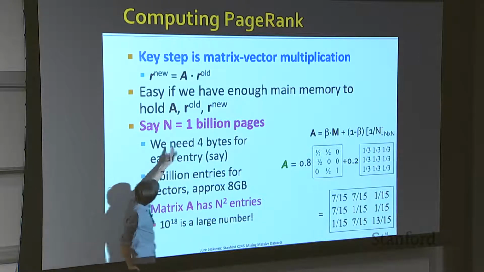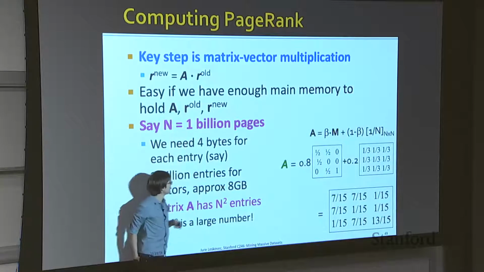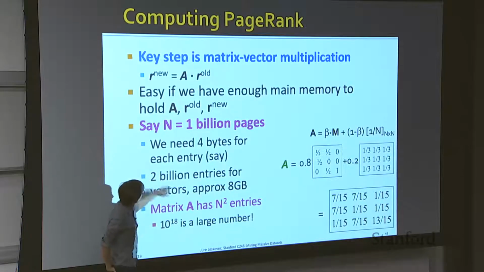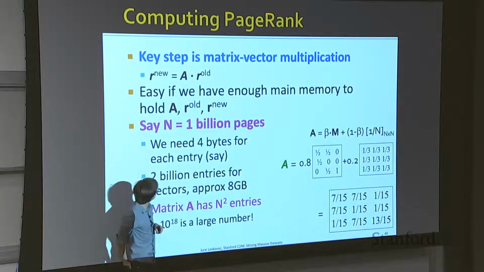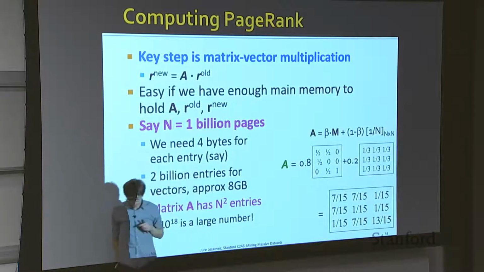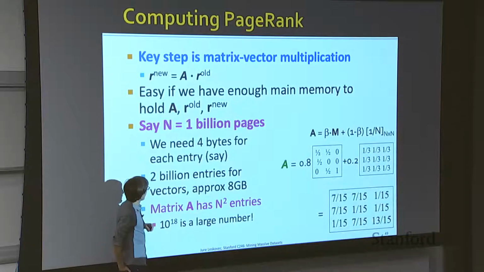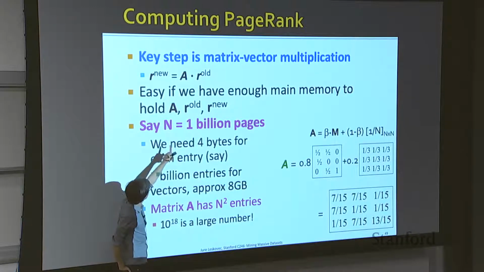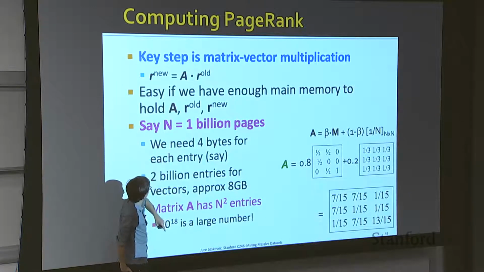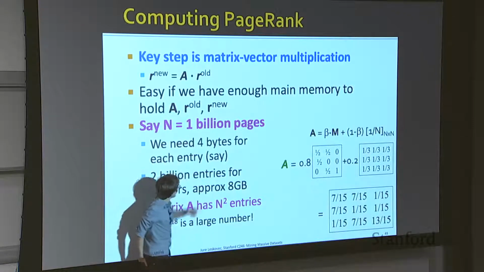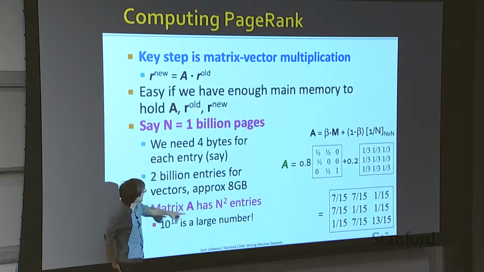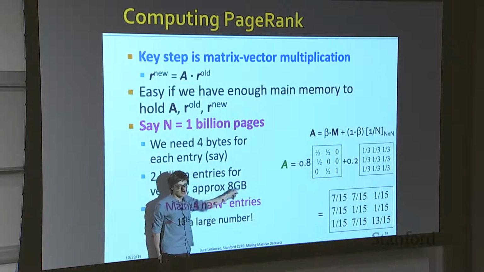But if I have, for example, a billion nodes, and let's say I need 4 bytes to save an entry, like a short float, and I need the two vectors R new and R old, each with a billion entries, then just to store R old and R new, I need 8 gigabytes of memory.